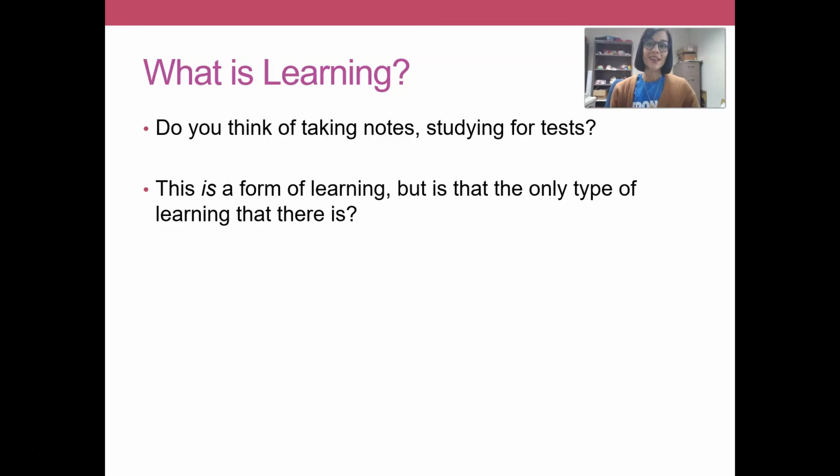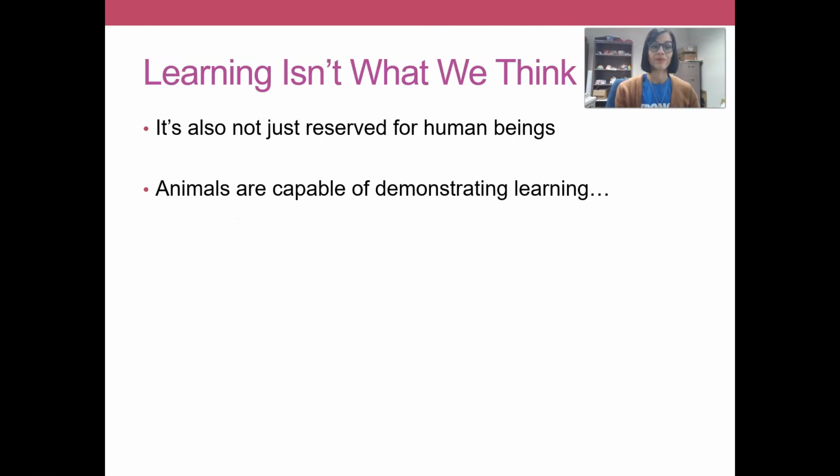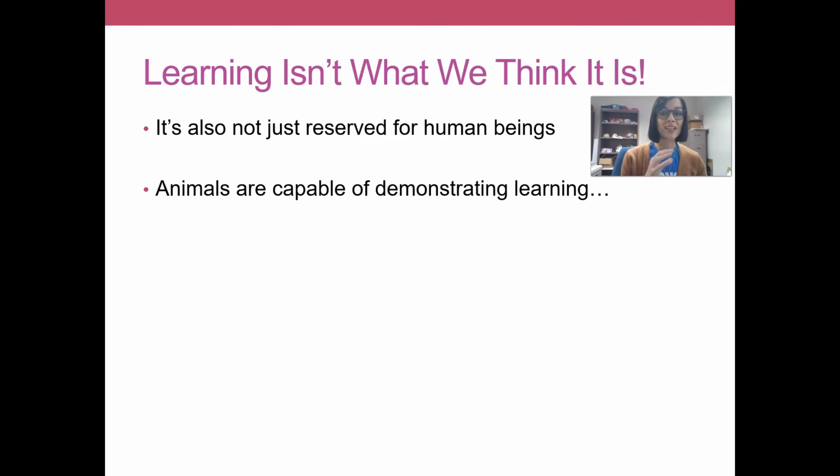And in fact, this is not just something that humans are capable of doing. Learning is actually an instance under which even the simplest of animals can demonstrate learning. So learning isn't what we think it is, and it's not just reserved for human beings. Animals of a variety of types have been capable of demonstrating learning.